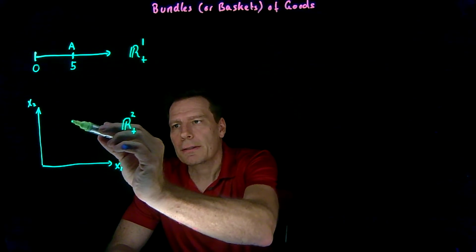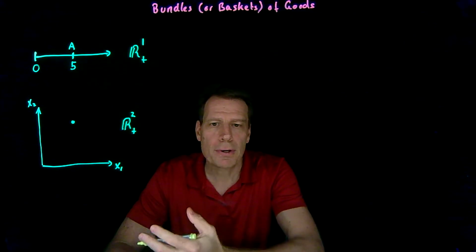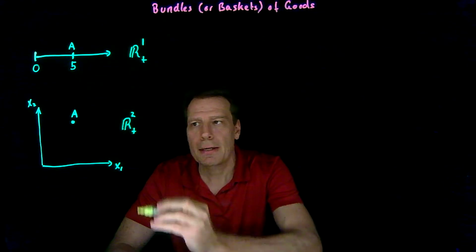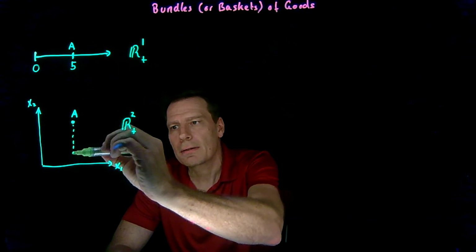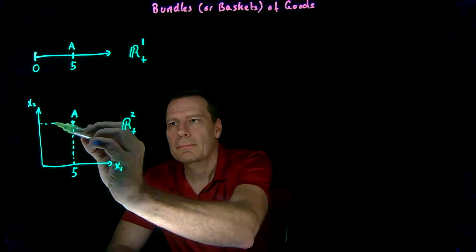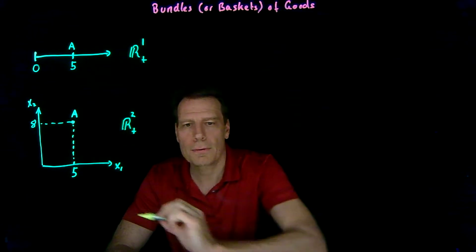If we pick a point here, that point represents some basket. Let's call that basket A. It's the basket that contains 5 apples and, let's say, 8 oranges.